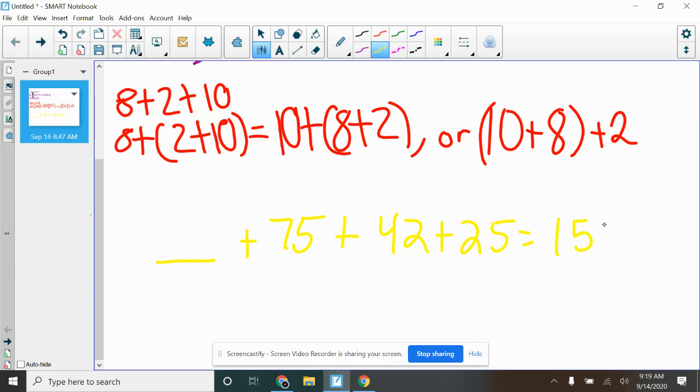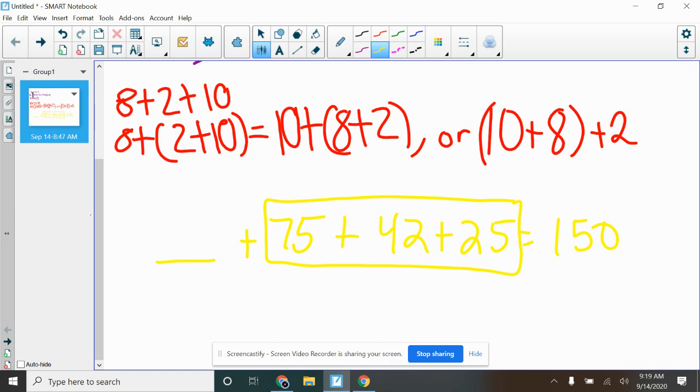This is our problem. Before we can just start doing the opposite, what do we have to do, Mason? We're not going to subtract anything yet, because we've got a whole bunch of stuff sitting right here that we have to do something to first.